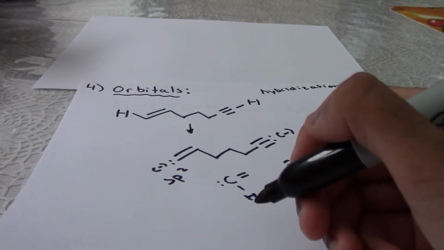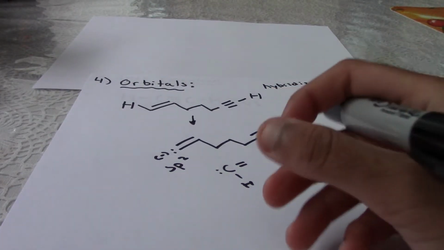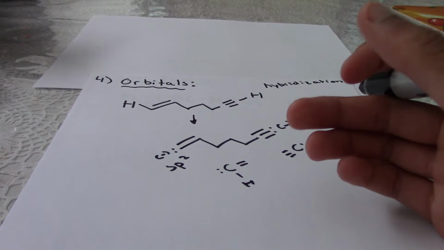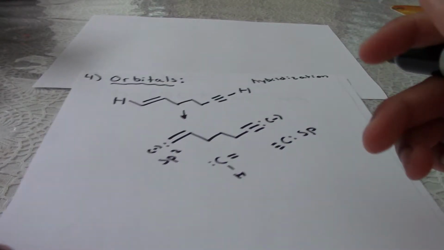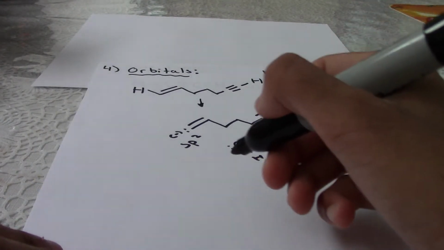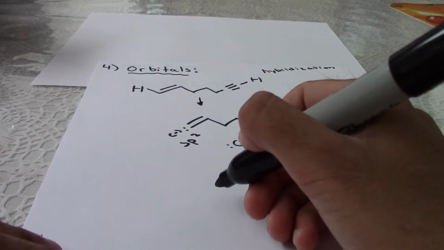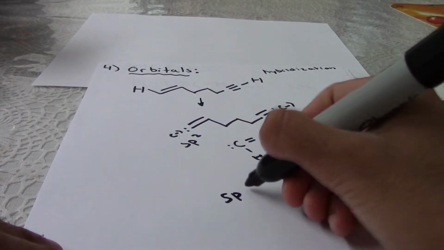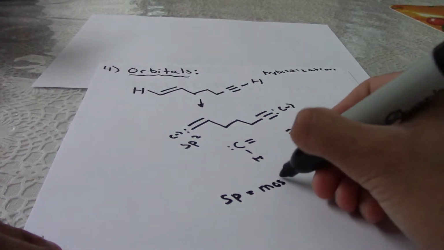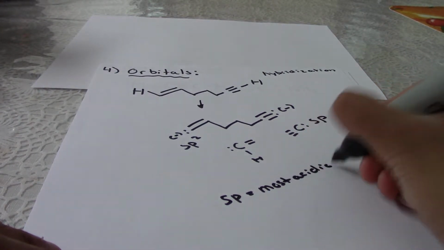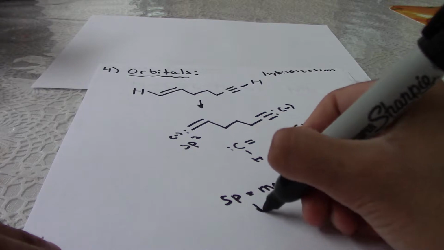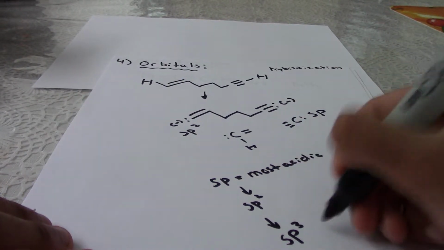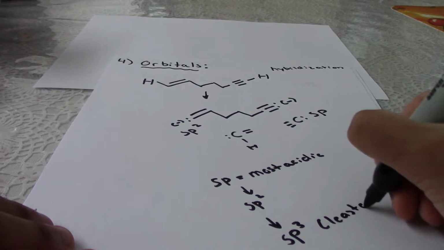In sp cubed hybridization, the orbitals are further away from the nucleus, so the negative charge isn't as well stabilized. So in general, the sp hybridized will always be the most acidic. Then second is sp squared, followed by sp cubed, which would be the least acidic.